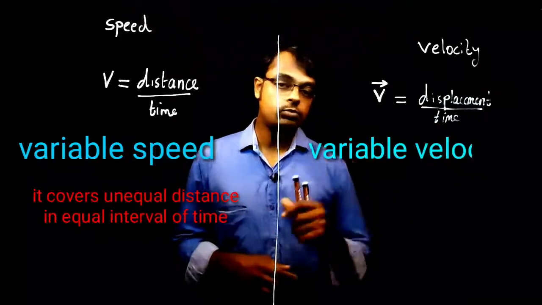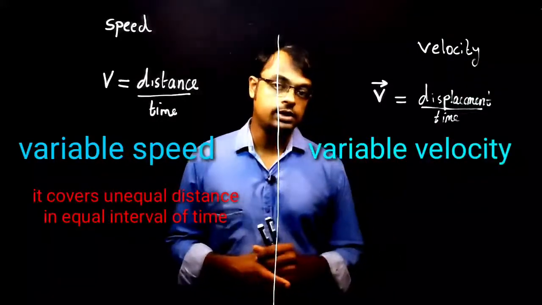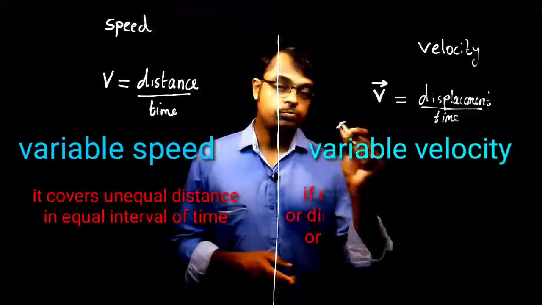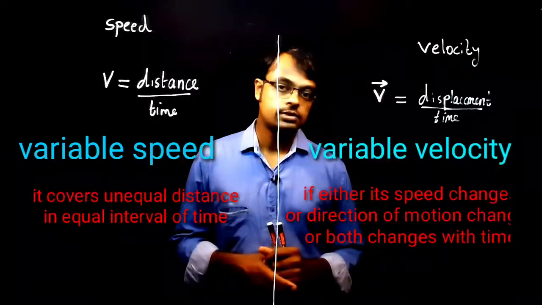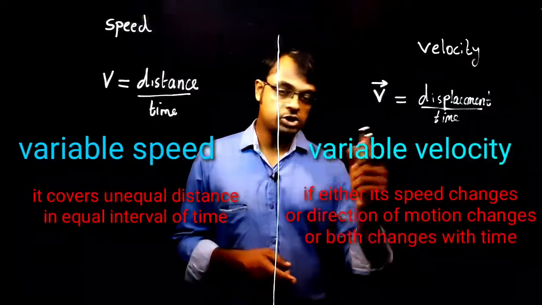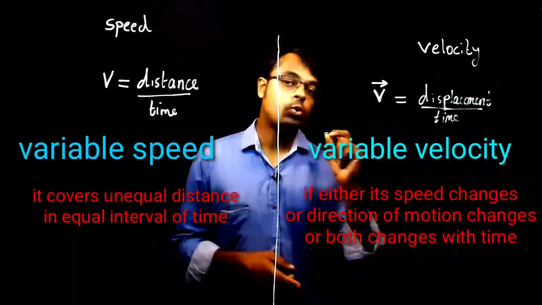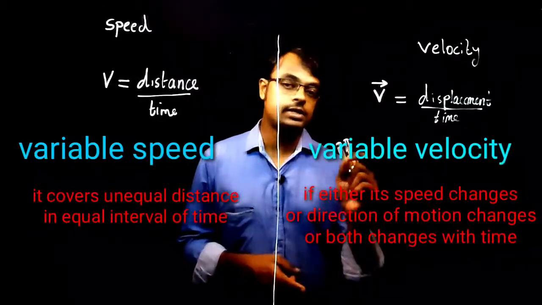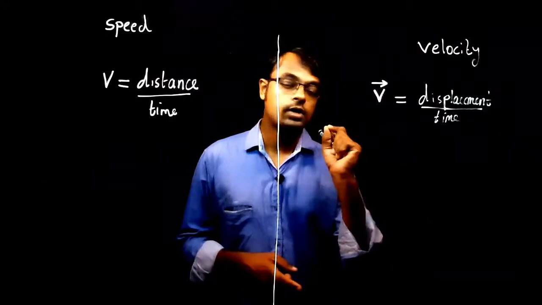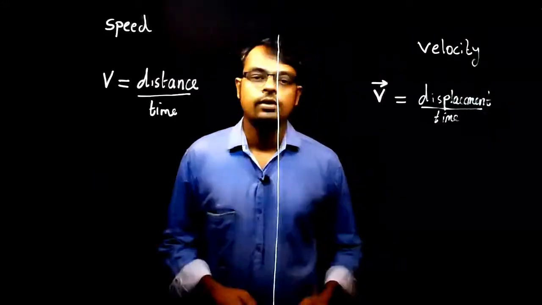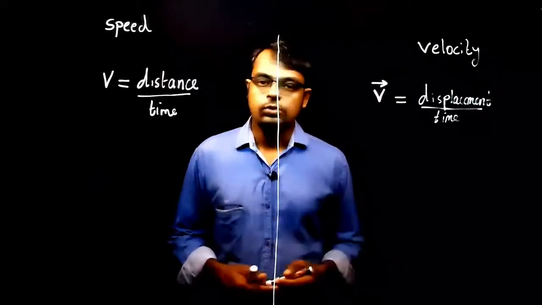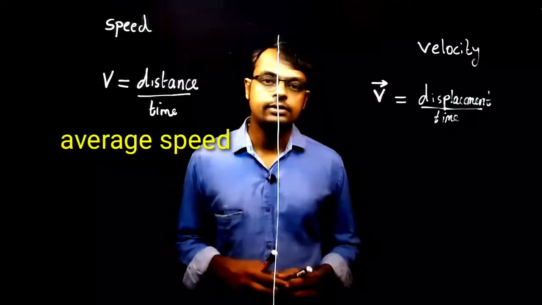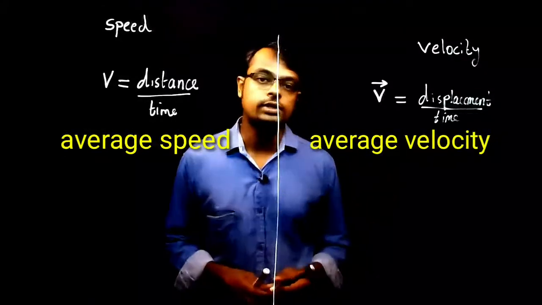A body is said to be moving with a variable velocity if the speed of the body changes, or the direction changes, or both the speed as well as direction change. So we say that the body is moving with variable velocity.